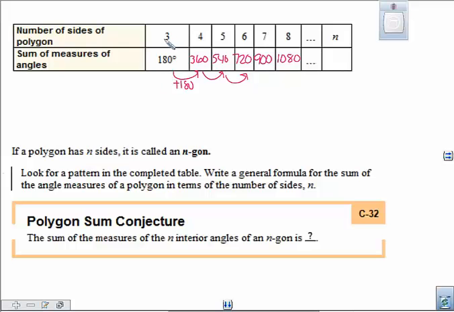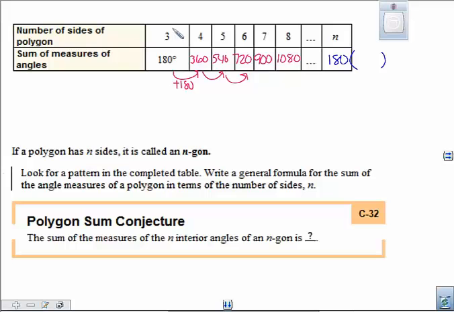So we're going to write an equation. We did this several weeks ago, looking at tables and coming up with the function or the equation. The change, remember, is what we multiply by. So the change is 180, so it's going to be 180 times something. We're going to come back over here and figure out what that times is.